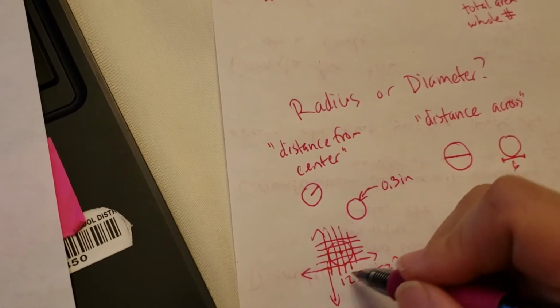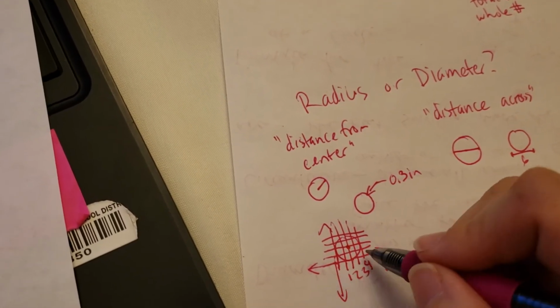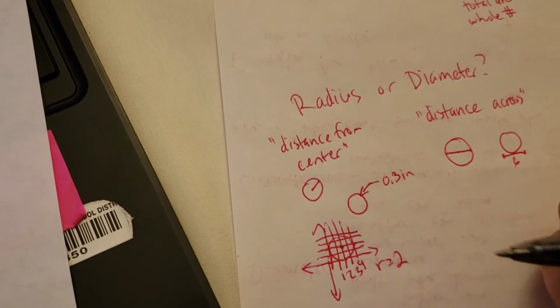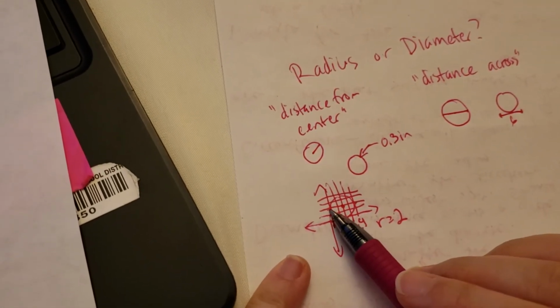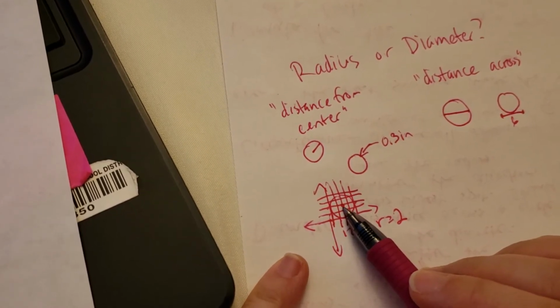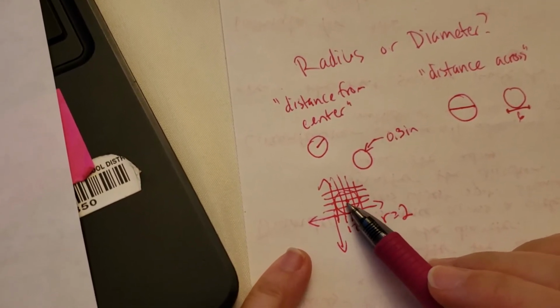Or you could say, if it goes 1, 2, 3, 4, the diameter is 4 all the way across. So if it's sitting on a coordinate plane, you can probably figure out from an edge point to the middle fairly easily, or from edge to edge if you know it goes through the center.